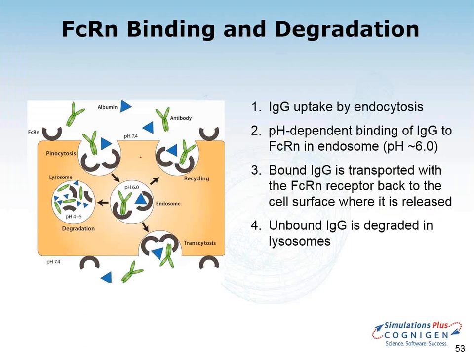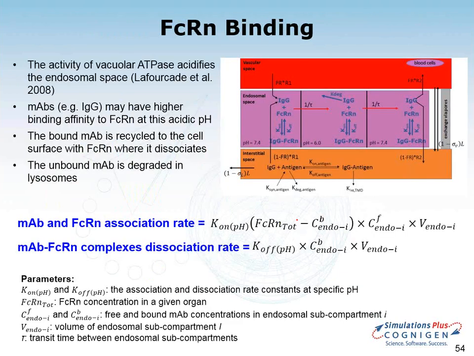As the endosome forms, the pH changes in the endosomes, which leads to the degradation of the antibody, but the antibody which is bound to the FcRn receptor will be protected and will be released back to either plasma or interstitial space as the endosome recycles back to the surface of the cell and the pH changes.